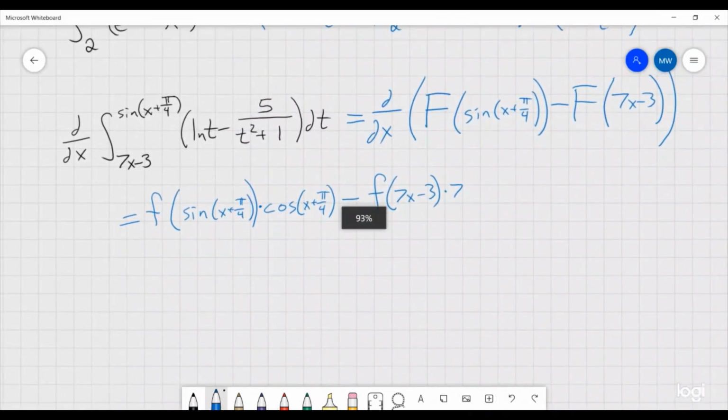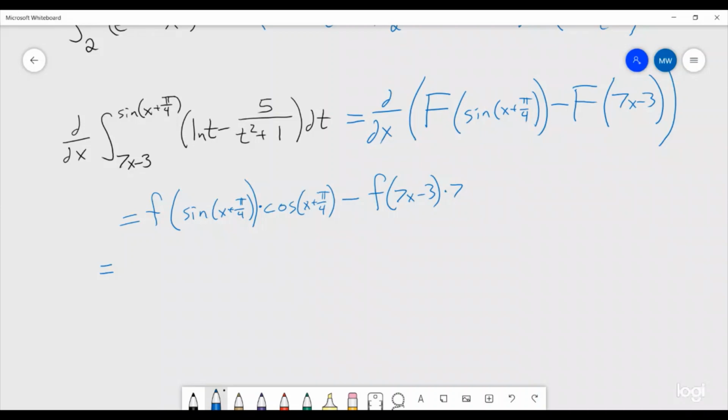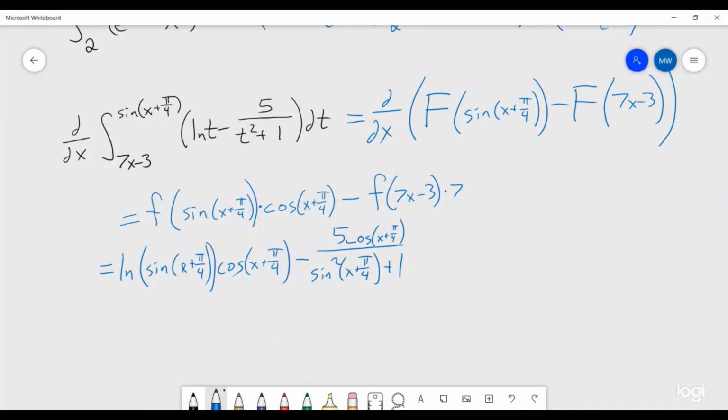So now we can go through and replace f with what it is. So this is going to be, let's see, natural log of sine of x plus pi fourths cosine x plus pi fourths minus 5 divided by sine squared of x plus pi fourths plus 1, and then multiplied by cosine of x plus pi fourths, minus our function times 7, so we got minus 7 natural log of 7x minus 3, and then minus negative, so 5 times 7 is going to give us 35 over 7x minus 3 squared plus 1.